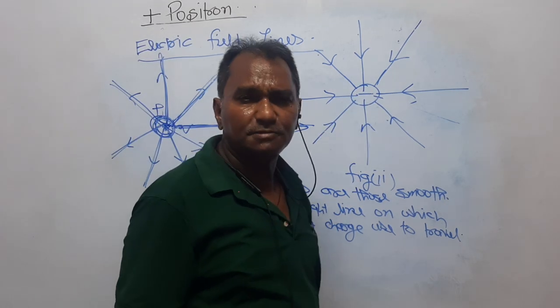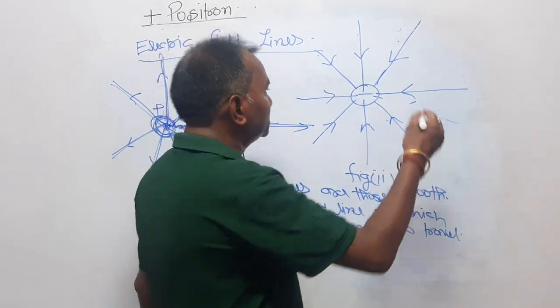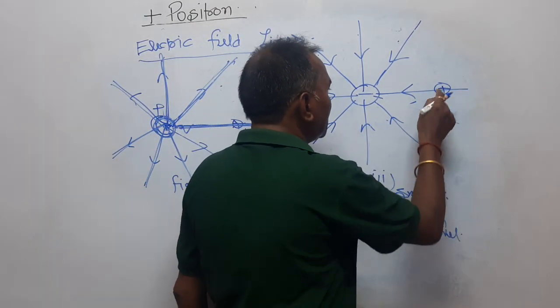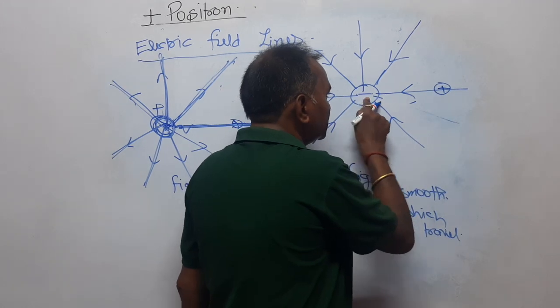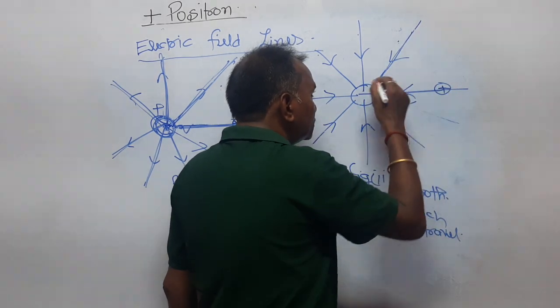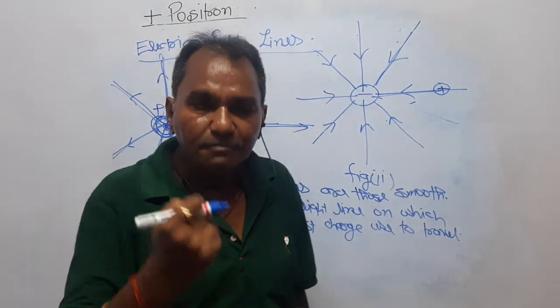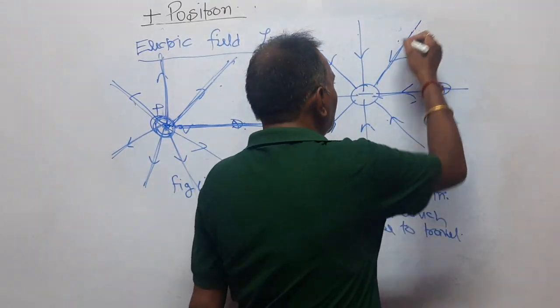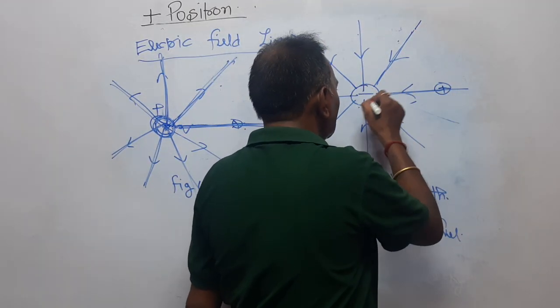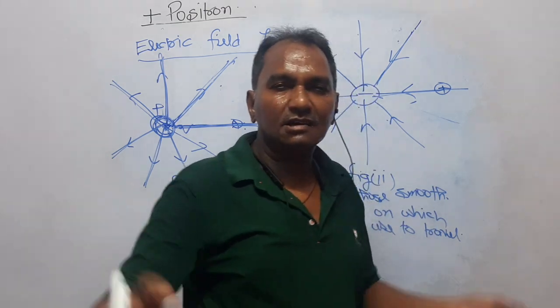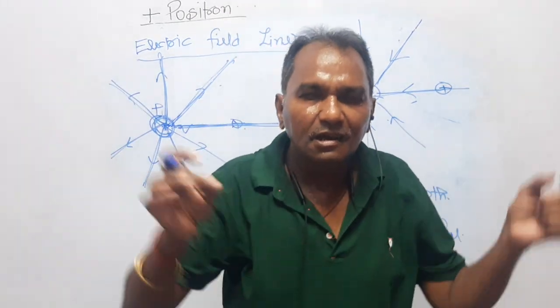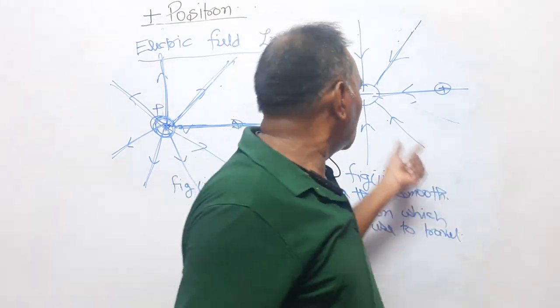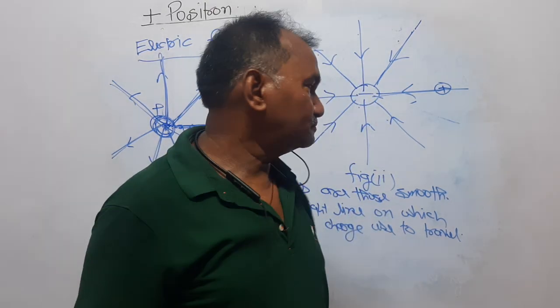Due to negative charge, how will you find out? Keep here a positive test charge. That test charge will be attracted along the straight line. So due to negative charge, field lines will come from the infinity and will end at the charge, right?